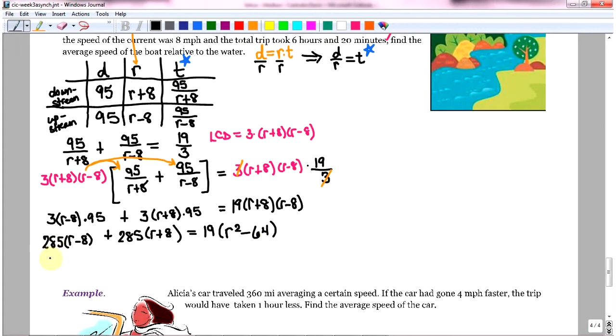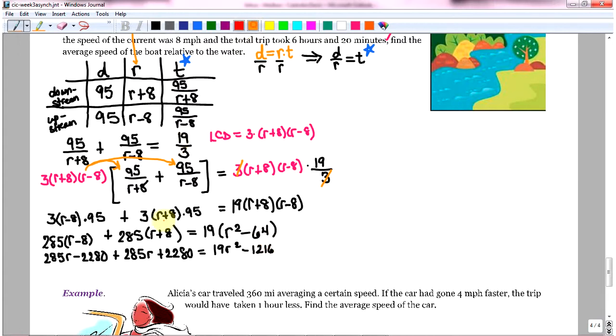Now I'm going to go ahead and distribute the 285. So we have 285r minus 285 times negative 8 is negative 2280, plus, now we have another 285r, but this time we'll have a plus 2280, equals, distributing the 19, we have 19r squared minus 19 times 64 gives us 1216.